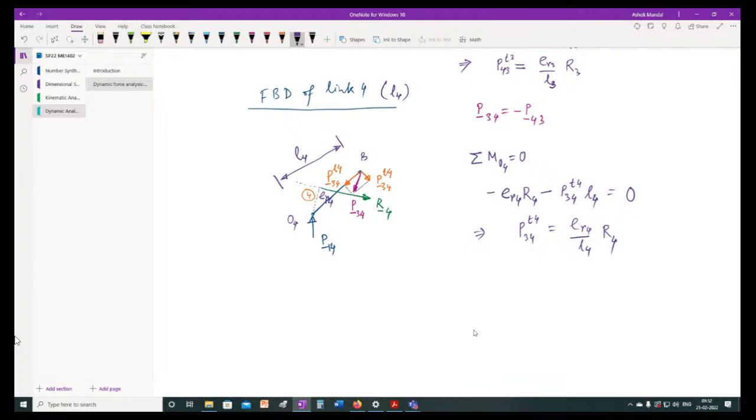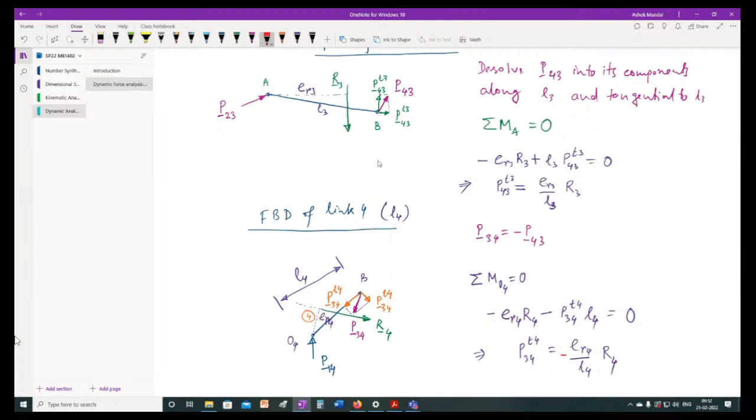Yes, sir. Suppose I draw it in the negative direction, so there will be a minus sign, right? Now suppose I draw a component of the same force in this direction.